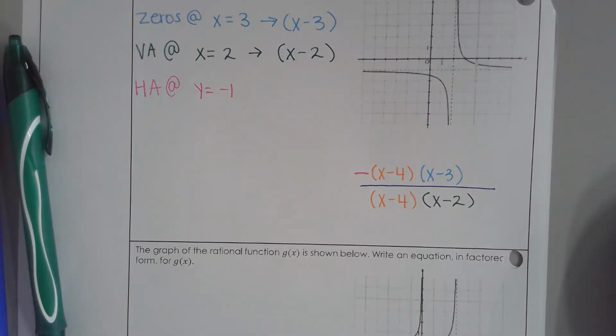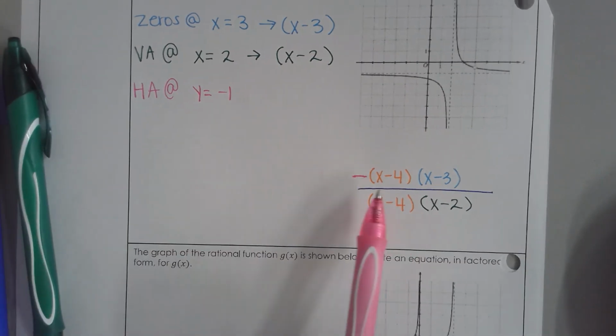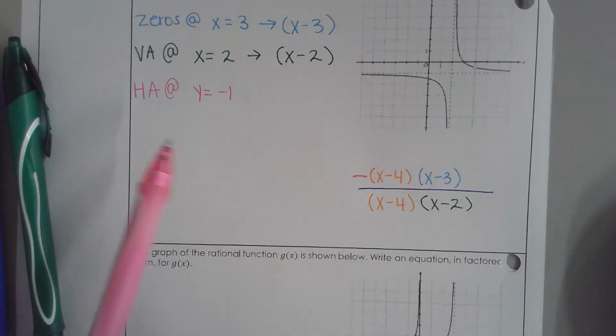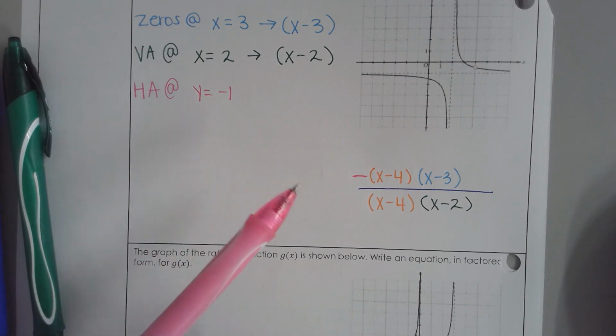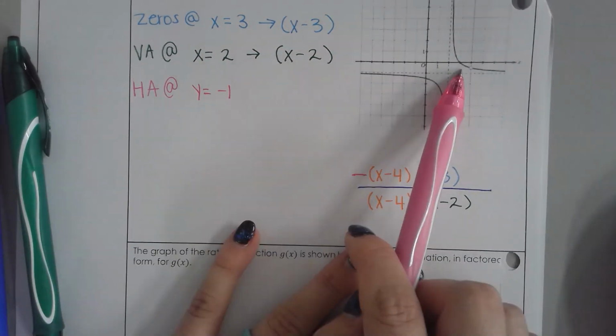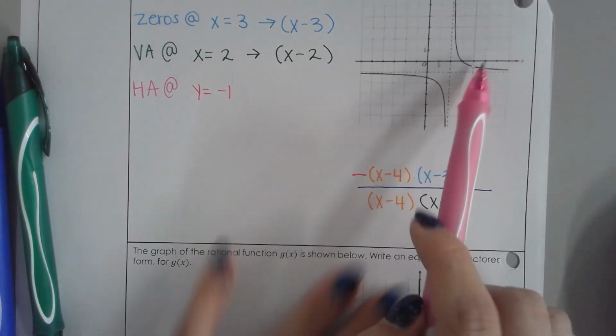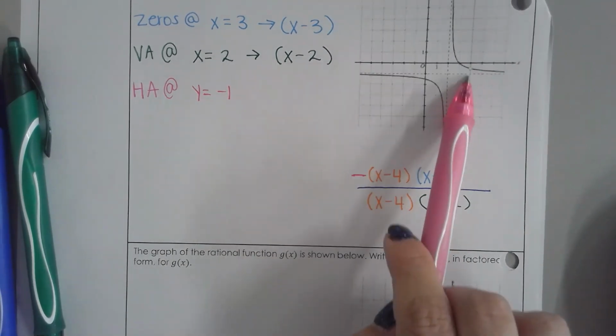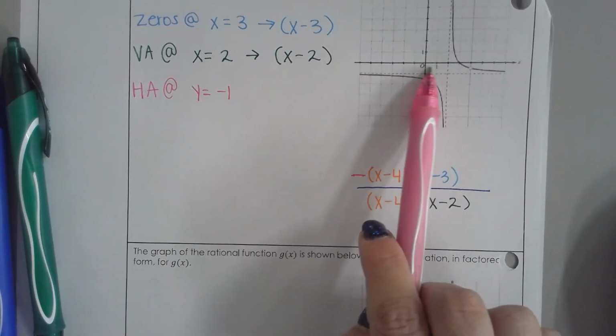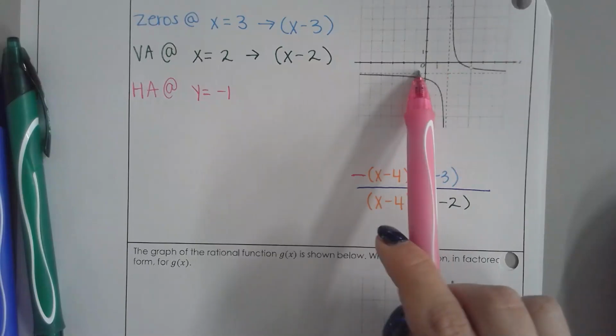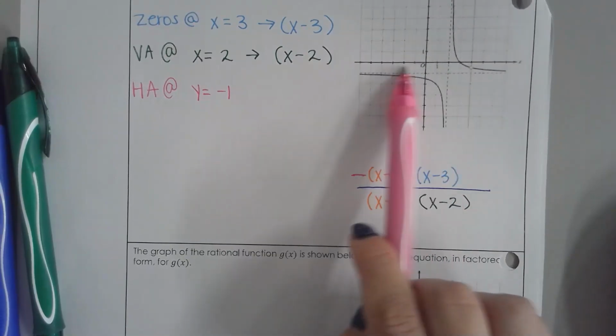We want to check a little bit. Okay. So one thing that we can do to check is think about your hole. So my hole, the x value is 4. The y value looks to be about like -1/2, maybe a little bit more than that.